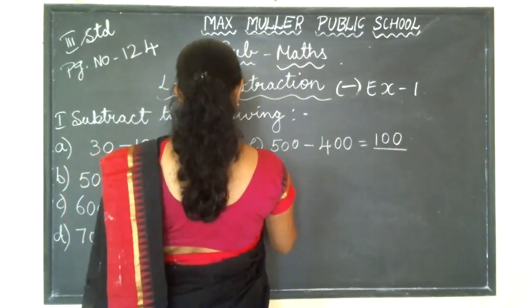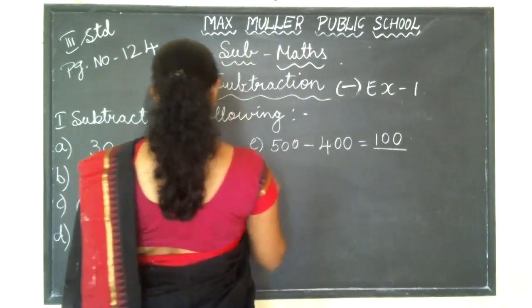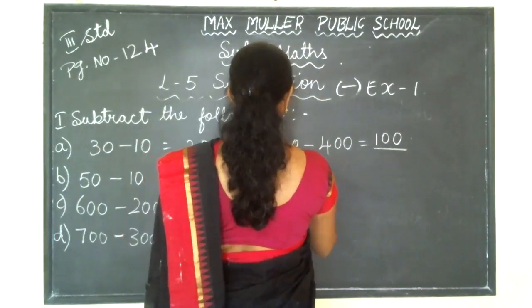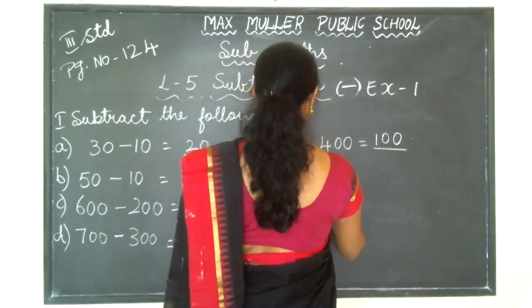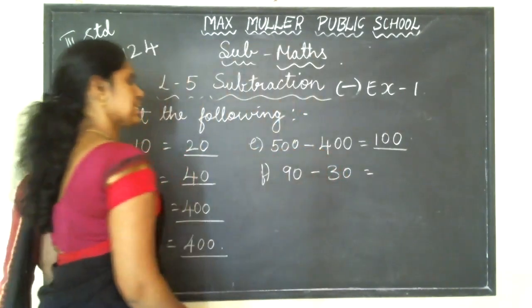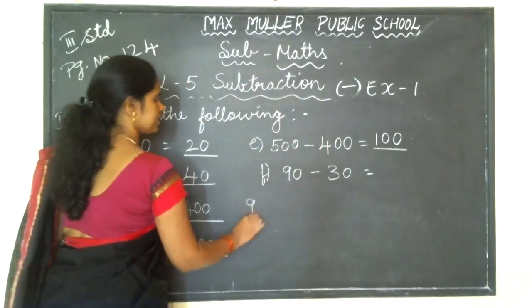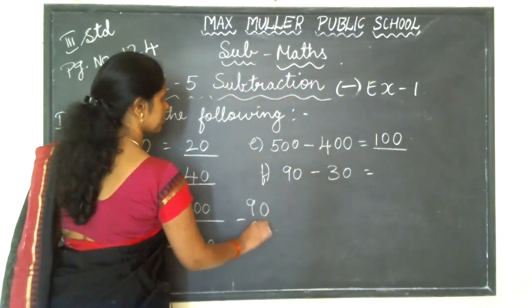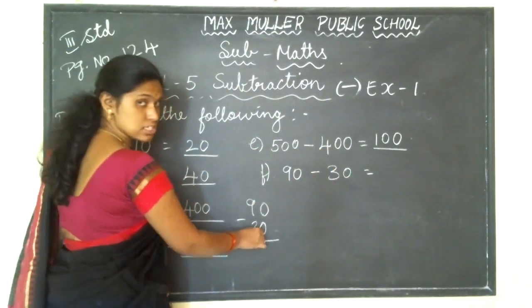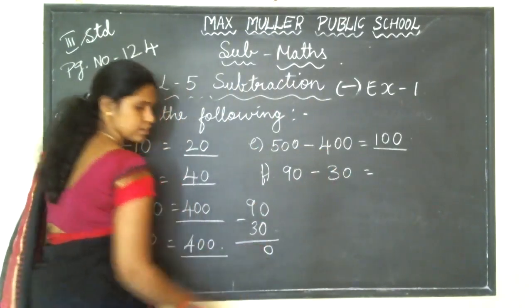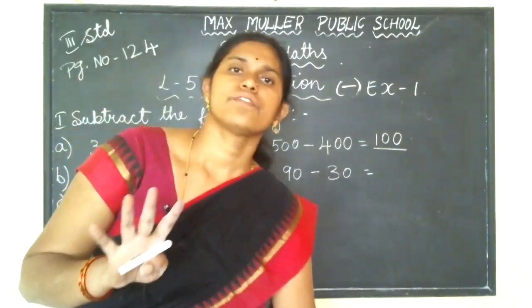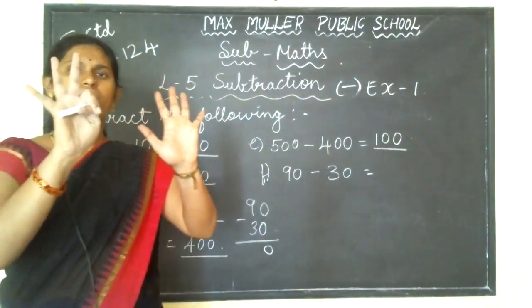F, 90 minus 30. From 90, if you minus 30. From 0, if you minus 0, 0 only. From 9, cut down 3. 1, 2, 3.